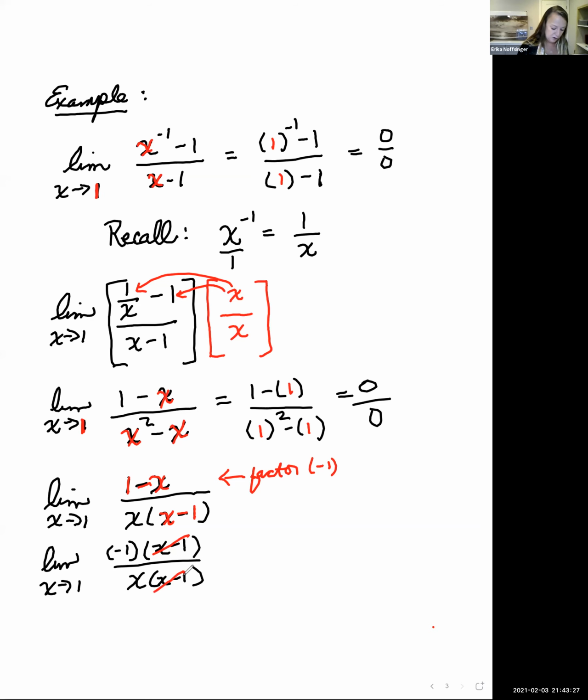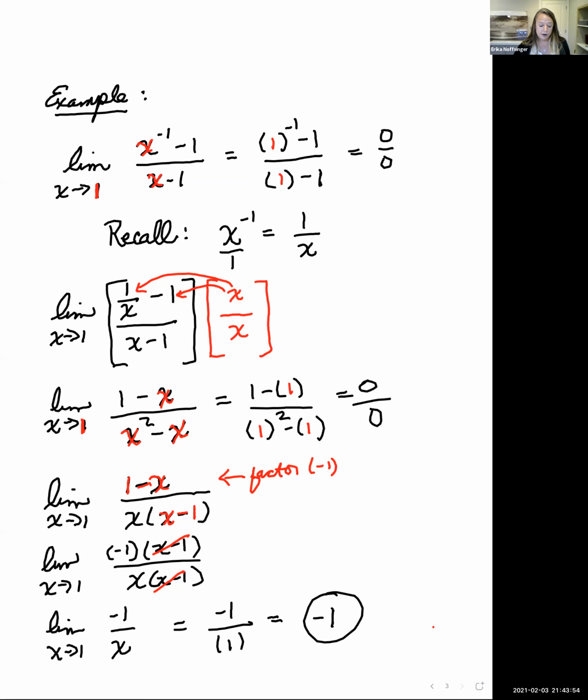And now when we go in and do our direct substitution, we get a number and we don't get 0 over 0 anymore. So we have negative 1 in the numerator all over, plugging in 1 for x, 1. So that limit is equal to negative 1.